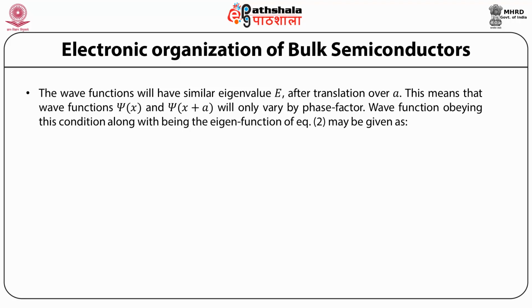So wave functions obeying this condition, along with being the eigenfunction of the equation 2, may be given as psi Bloch k as a function of x equal to exponential iota kx u_k(x).